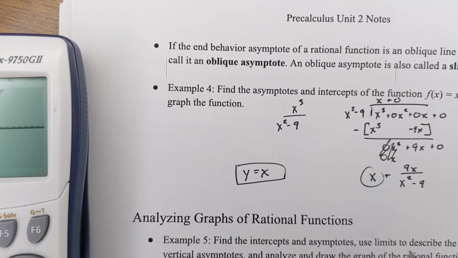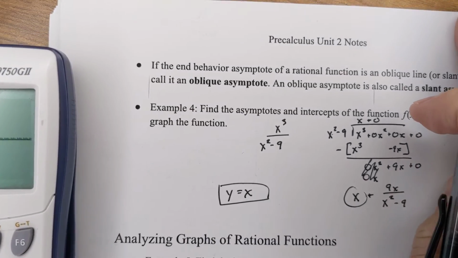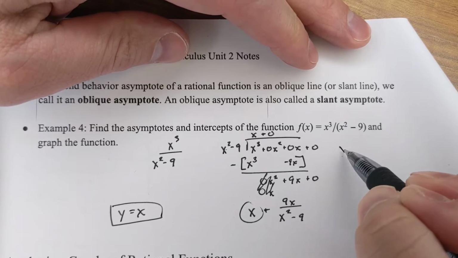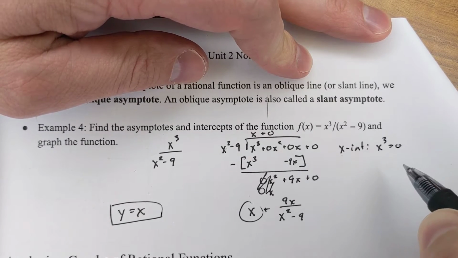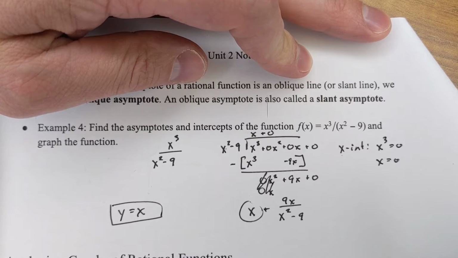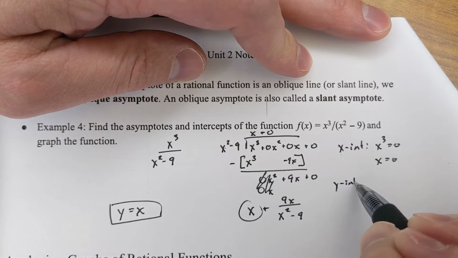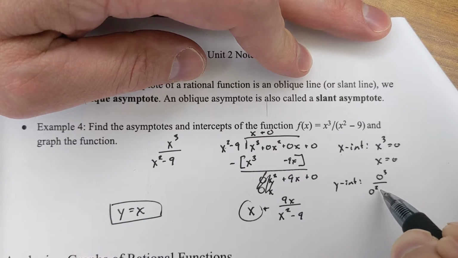The intercepts of the function: to find the x-intercept, I need to solve the numerator. So I set x cubed equal to 0 and solve. Well, that's 0, so there's only one x-intercept. To find the y-intercept, I plug 0 in for x, so 0 cubed over 0 squared minus 9.